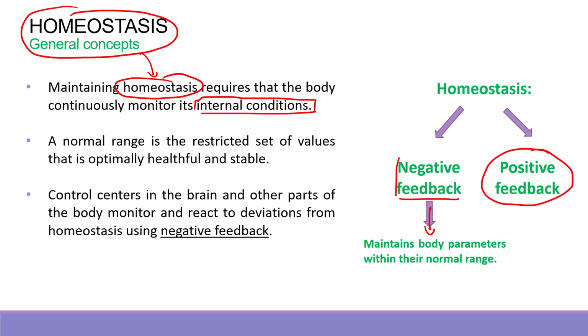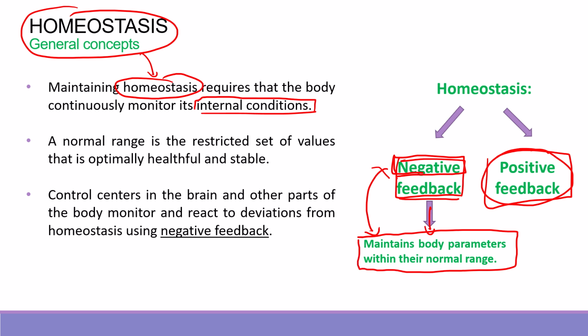There are negative feedback loops and there are positive feedback loops. Even though it's counterintuitive, the negative feedback loop is the most important one. Even though we think about negative and correlate that with something bad, in this case, the negative feedback loop alone is the one that maintains the body parameters within their normal range.